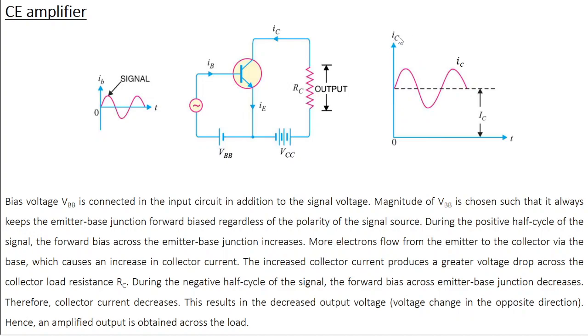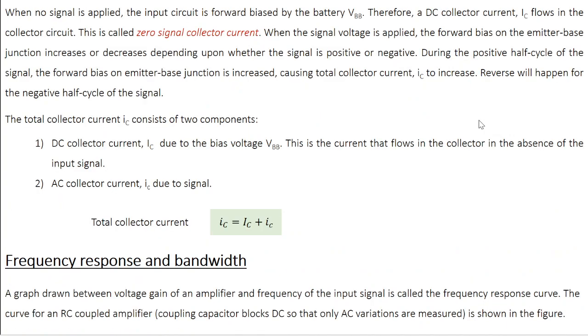This is the total output current. Look at the notation. i is small letter, C is capital letter. This is the total collector current. It has two components. One is the AC component given by this red curve. This is small i, small c. Then you have a DC component which has a constant magnitude given by capital I, capital C. The DC component is nothing but the current which flows in the absence of any input signal.